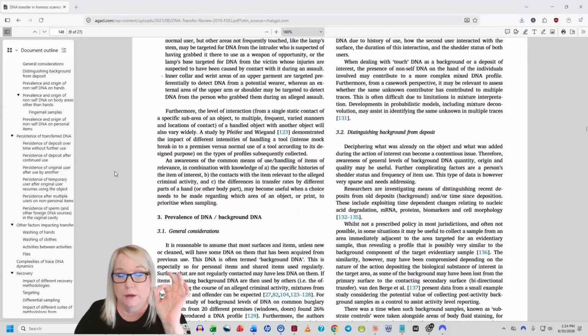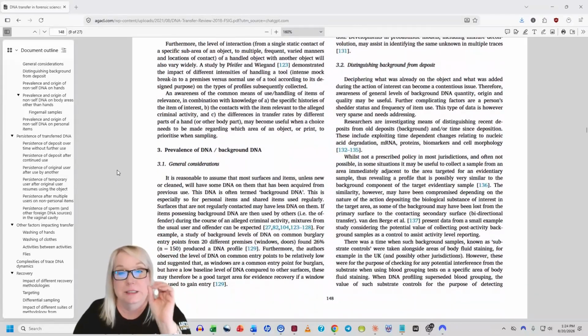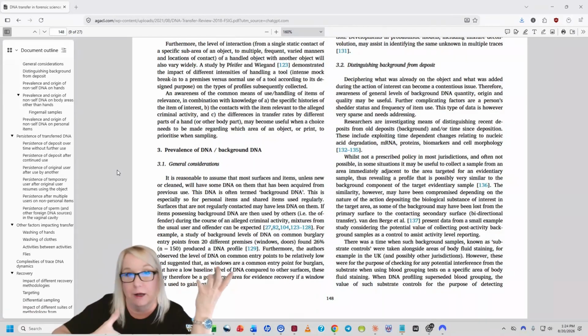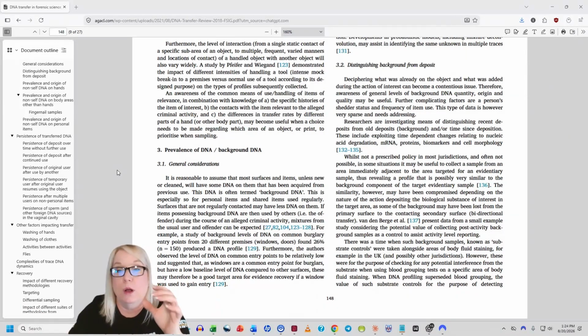Let's move forward. How do we distinguish background from deposit? Let's talk about our friend here. Deciphering what was already on the object and what was added during the action of interest can become a contentious issue. Therefore, awareness of general levels of background DNA quantity, origin, and quality may be useful.